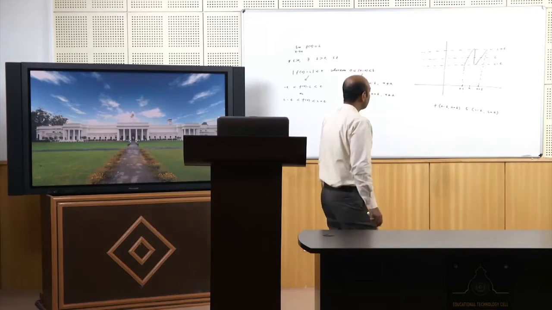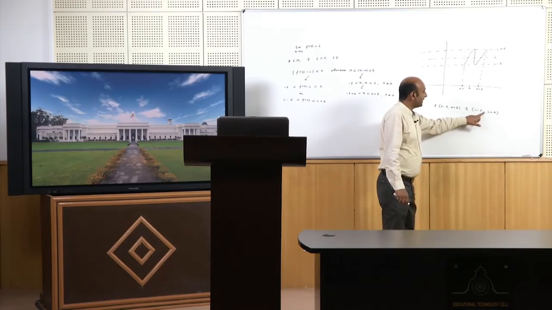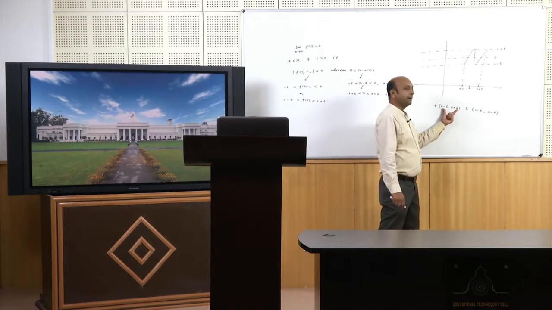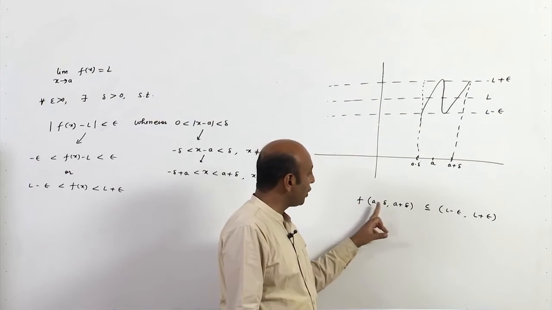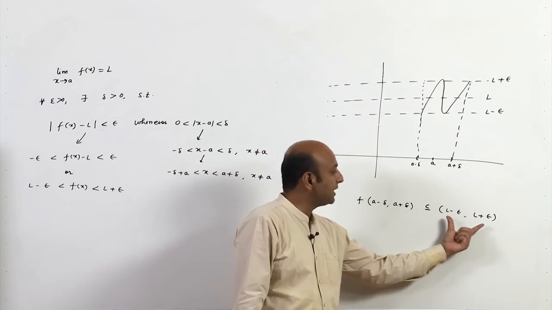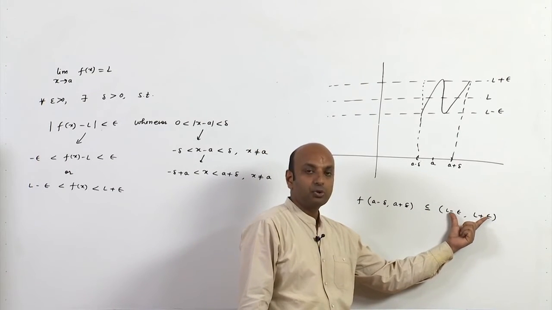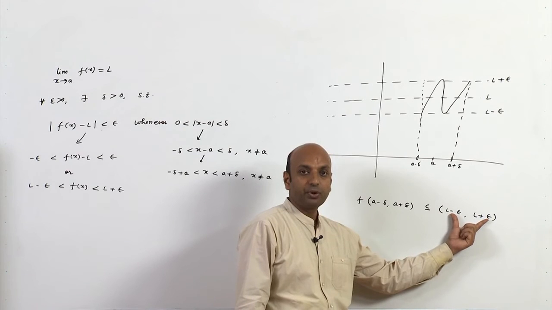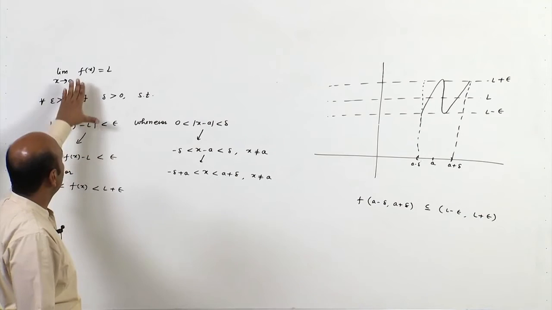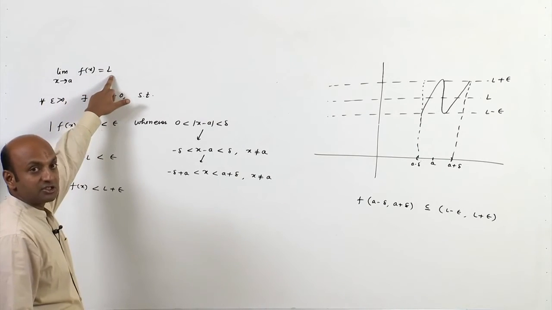So that means for every epsilon greater than 0, there will exist a deleted neighborhood of x at a such that the image of all those x lying in this interval will be contained totally inside this band. Okay, so this is how we can define the limit of single variable functions.